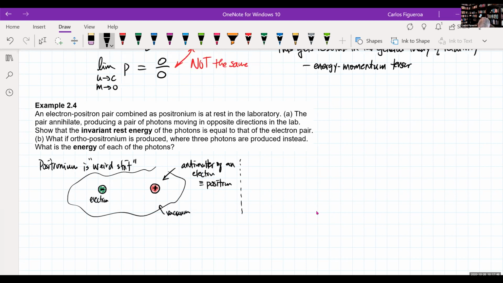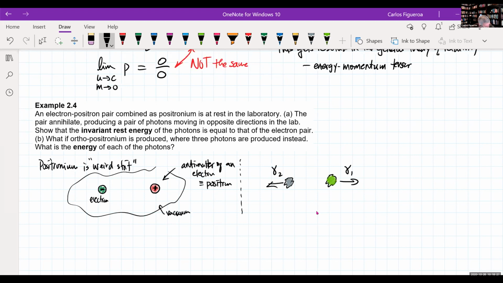And then what happens? These guys annihilate each other. As they annihilate each other, they shoot off in opposite directions. So that means one goes in one direction and one goes in the other direction. In other words, I have one photon going that direction and one photon going in that direction. And this makes sense because when you form this positronium, it's pretty much at rest.